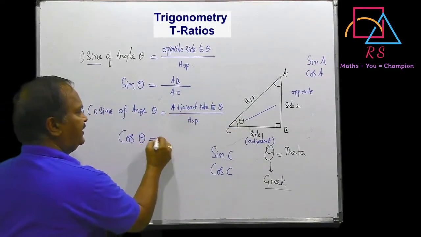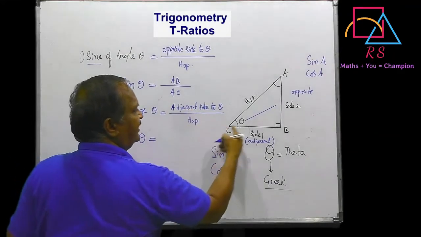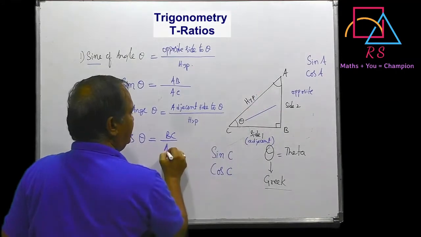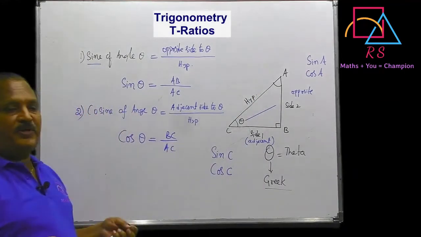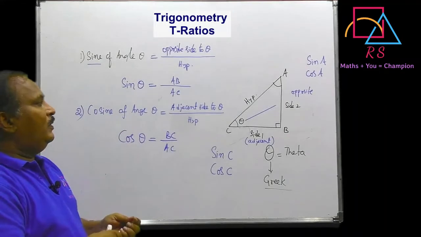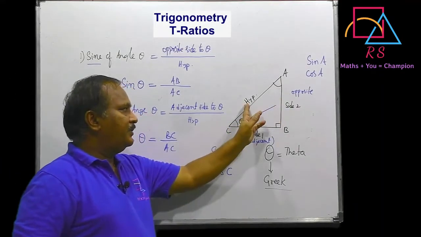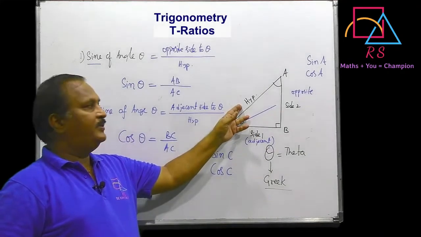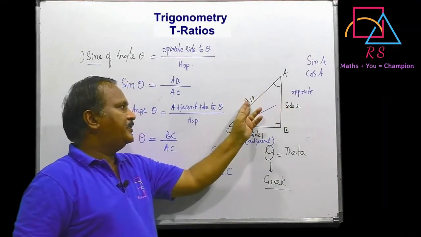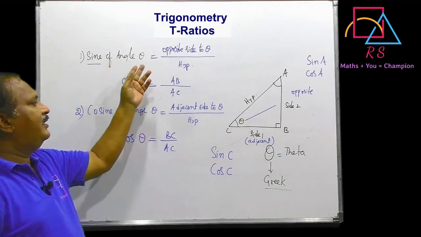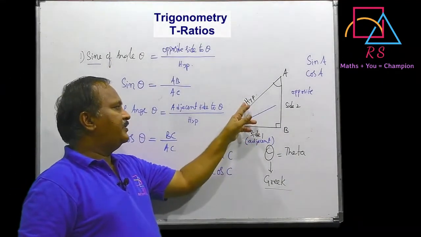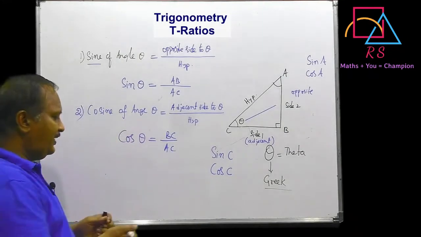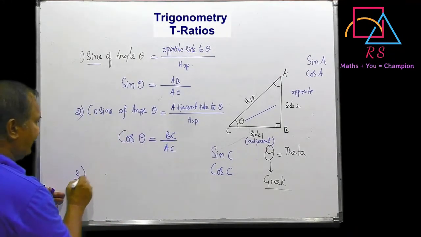So cos theta is equal to, adjacent side is nothing but BC and hypotenuse is nothing but AC. Logically you can remember: one is opposite side upon hypotenuse, the other is adjacent side upon hypotenuse. The opposite side upon hypotenuse is sine of angle. The adjacent side upon hypotenuse is cosine of angle. The third one you can automatically guess.